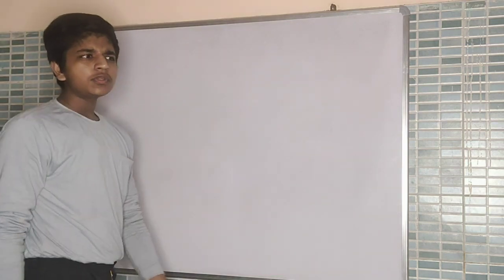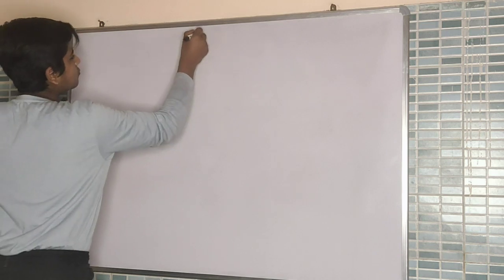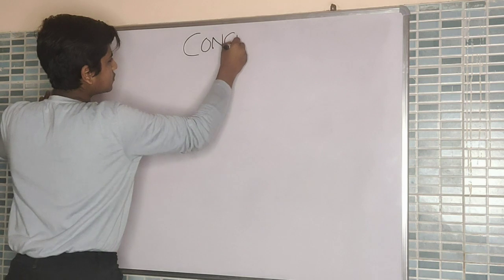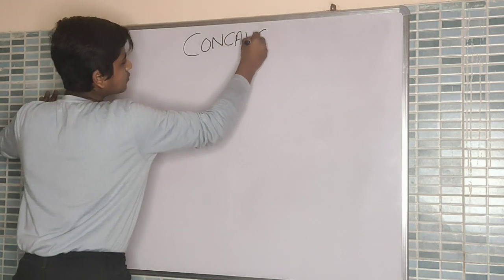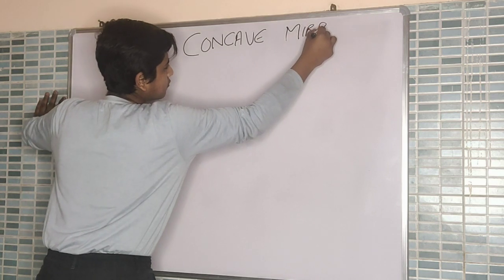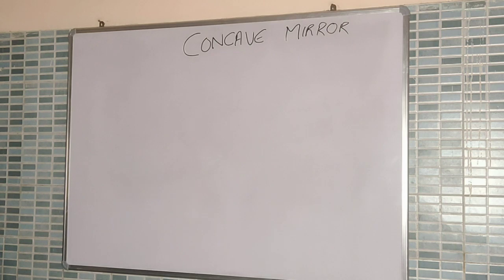So we'll be doing concave mirror ray diagrams first. Concave mirror. So this is a concave mirror.